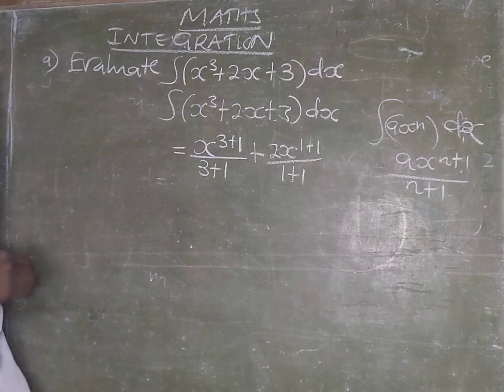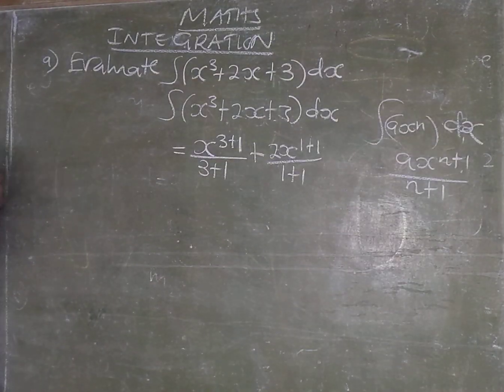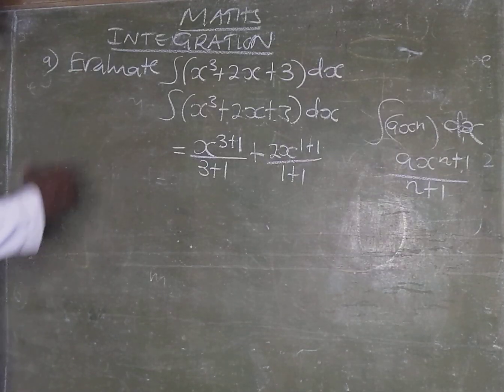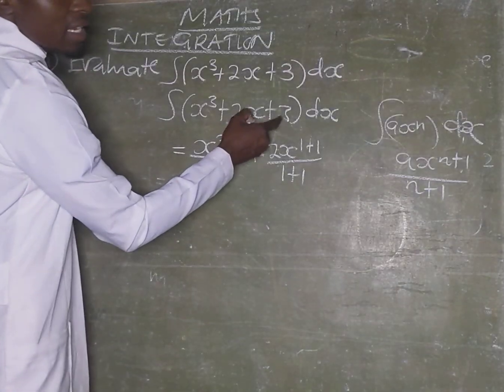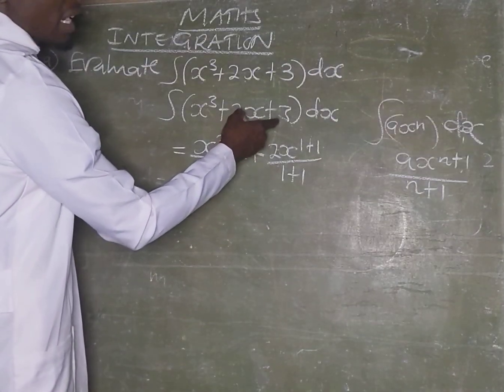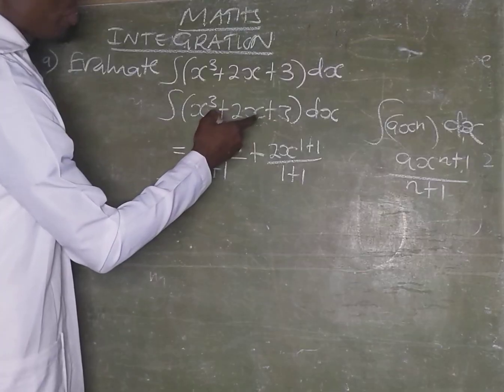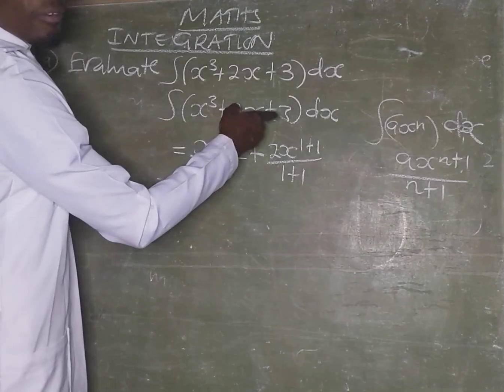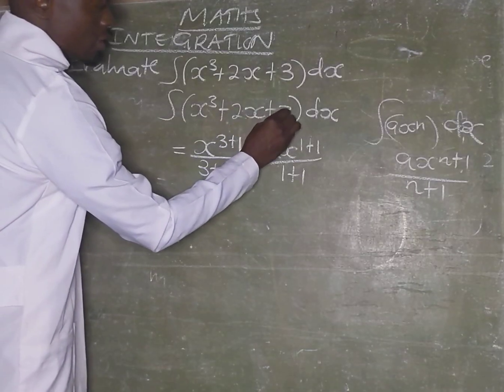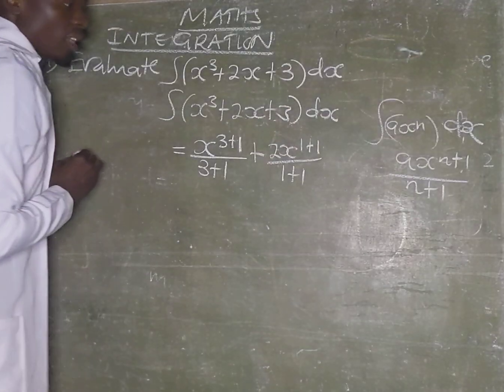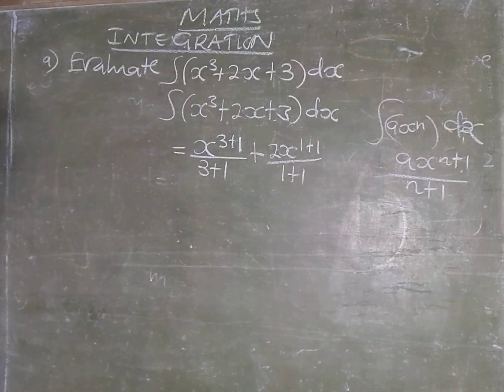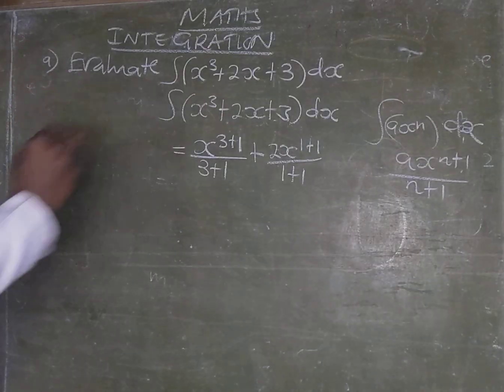Remember, under differentiation, a constant number becomes 0. But since we are doing the reverse of differentiation, before this 3 was differentiated, it had x.